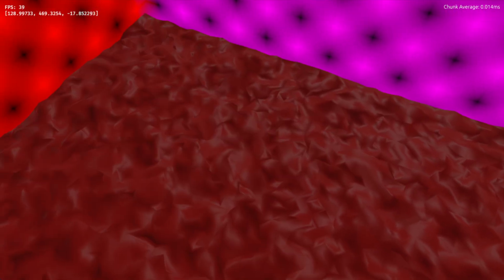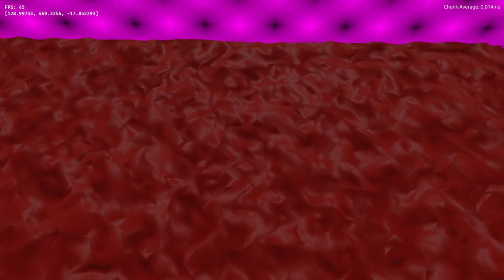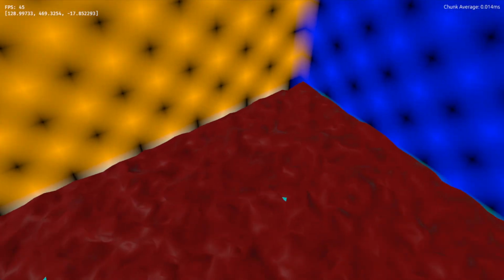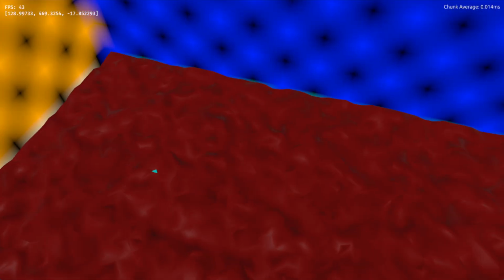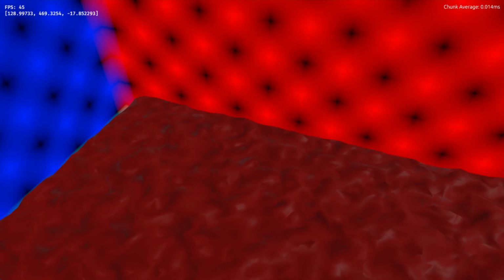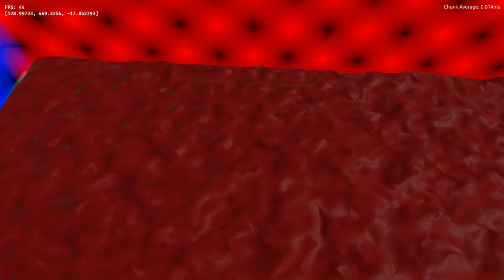I mean, the frame rate does seem to be dipping now, but I think it's mainly because of my screen recording, and I have some other stuff running on my computer, so it should be fine when not recording. I hope. We'll see.